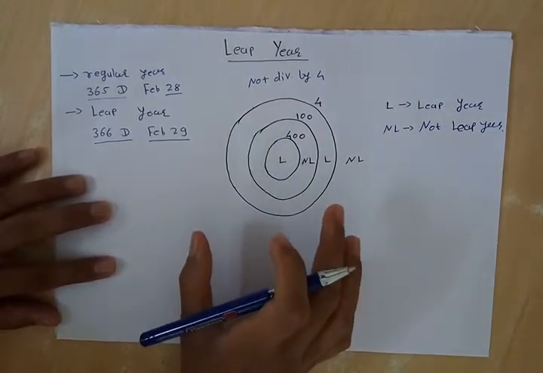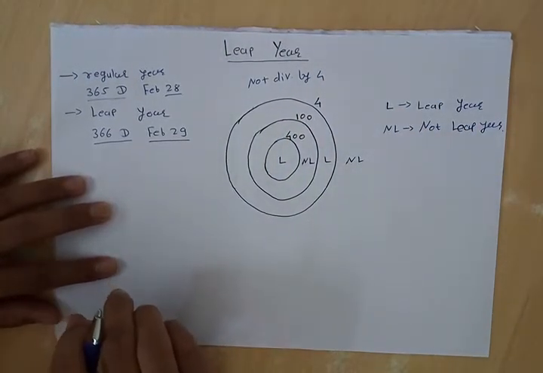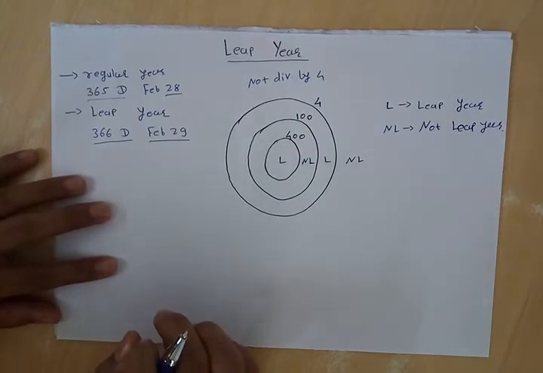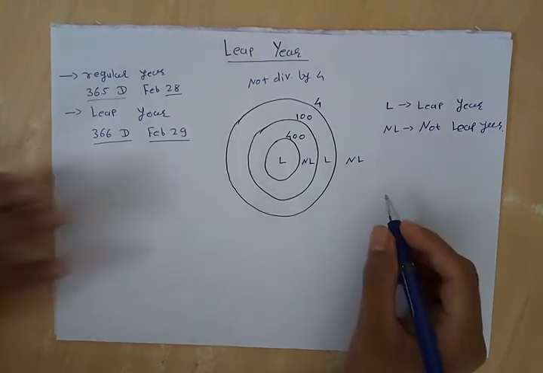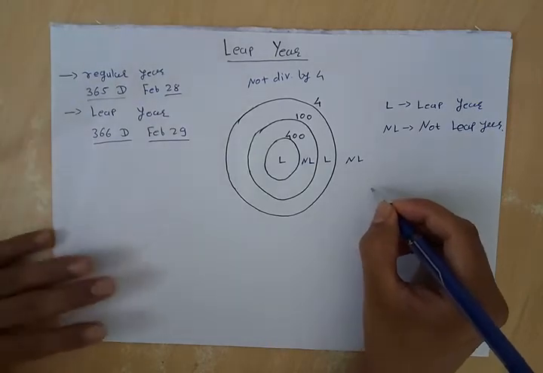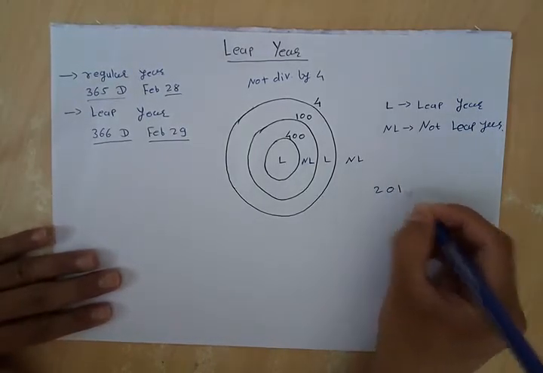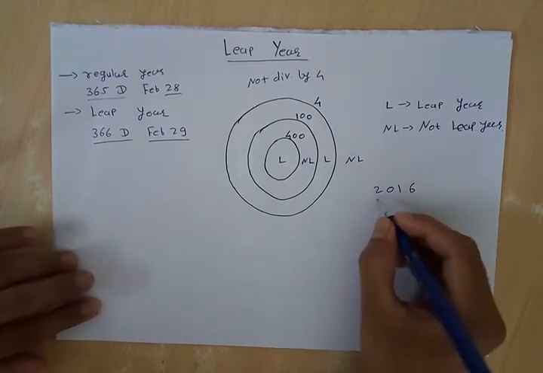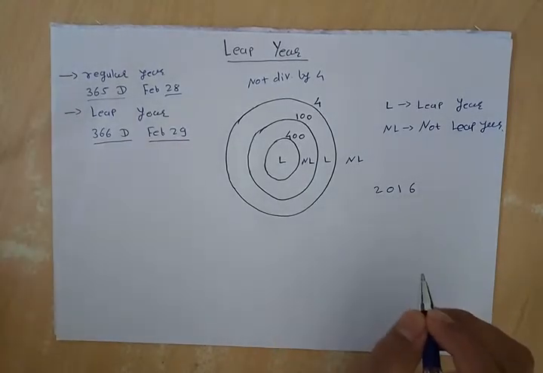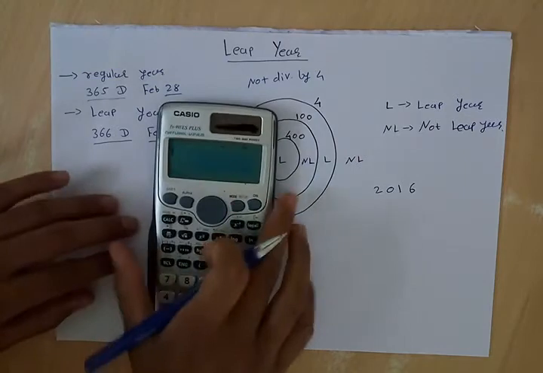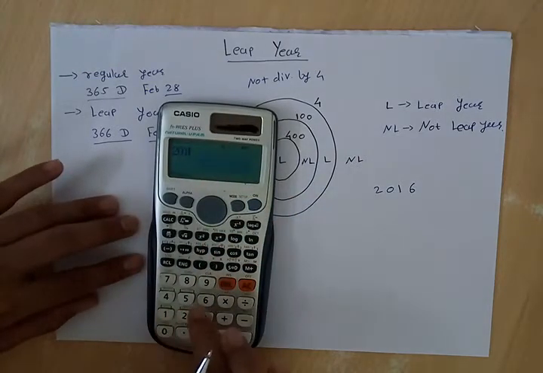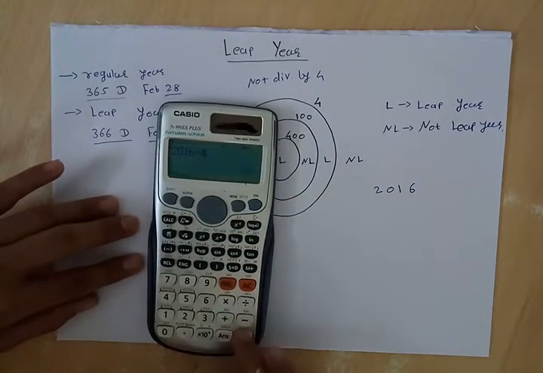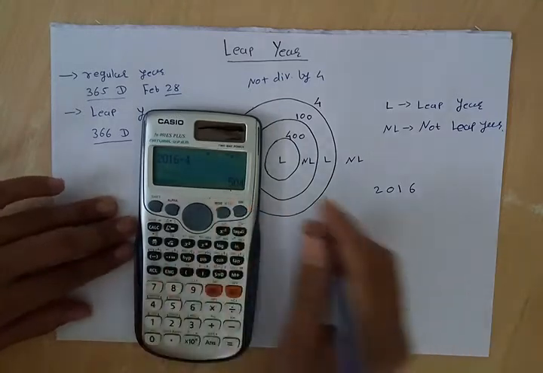Using this diagram, it is easy to identify whether a given number is a leap year or not. Let us say we are given this particular year, and we have to find whether it is a leap year or not. First we will divide this number by 4. 2016 divided by 4 is equal to 504.